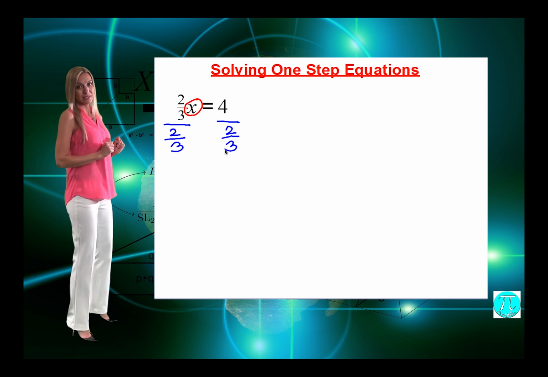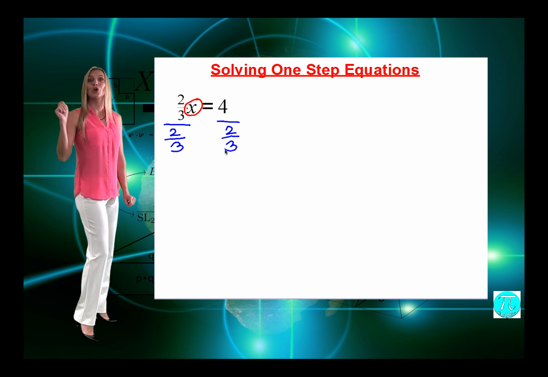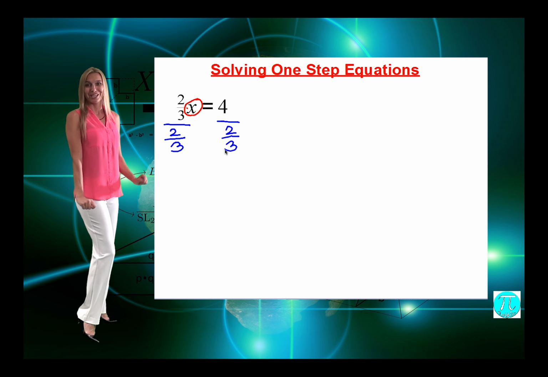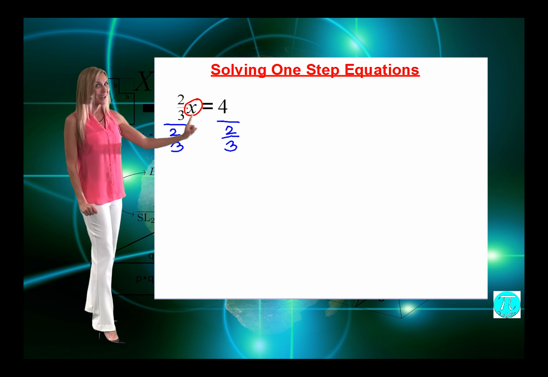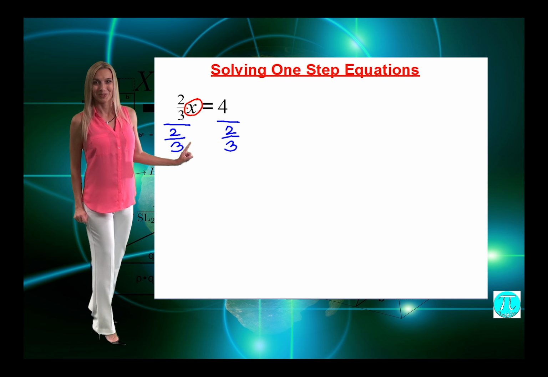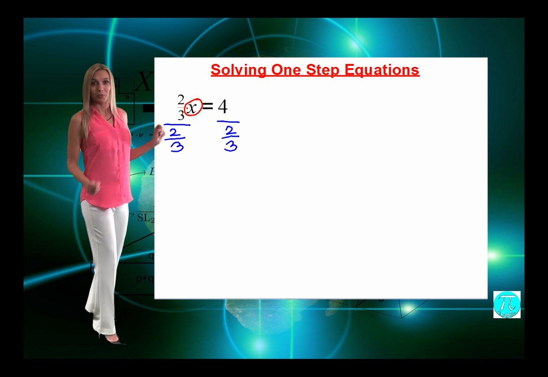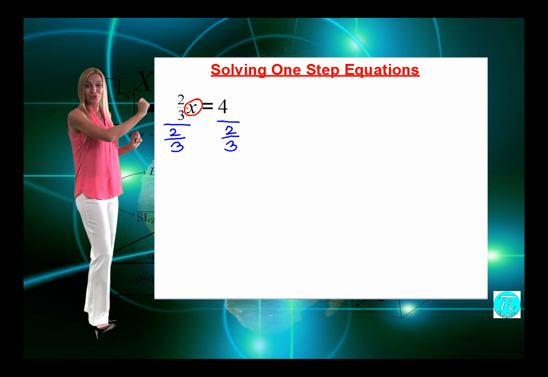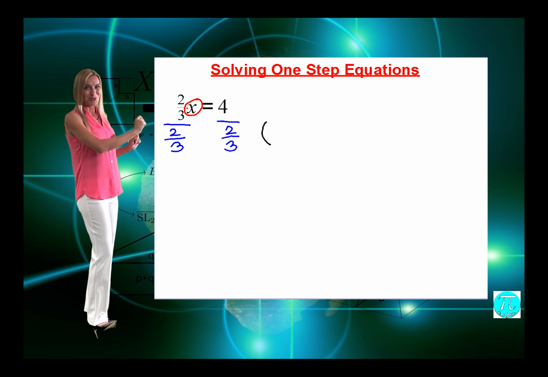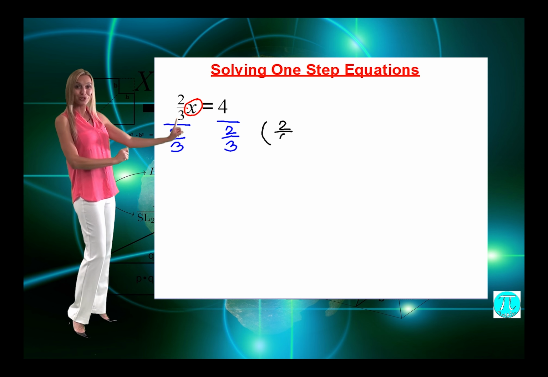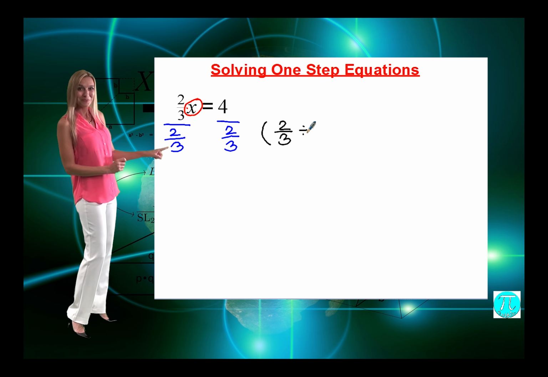What's going to happen? If you remember the rules of division, if I do 2/3 divided by 2/3, we really don't divide, right? You remember keep, change, flip? So we keep the first fraction, which is 2/3.